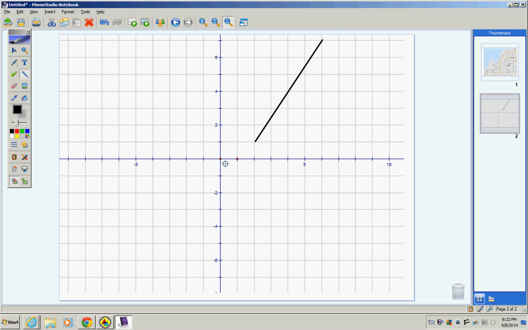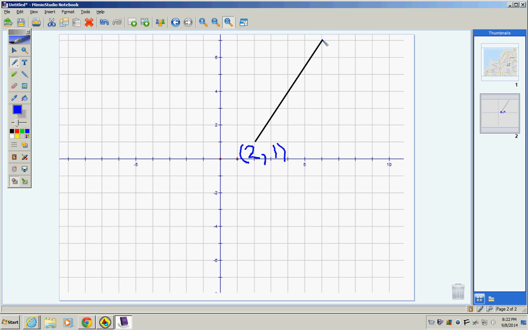Now this is the point 2, 1. You go over, then up. Let me write that out so you can see. This is the point (2, 1).